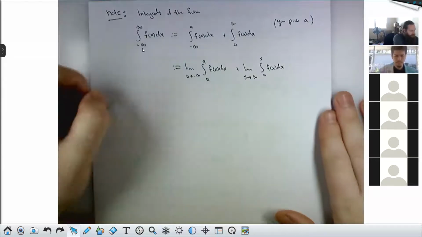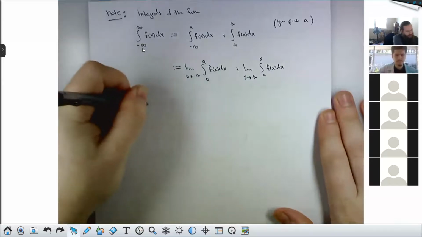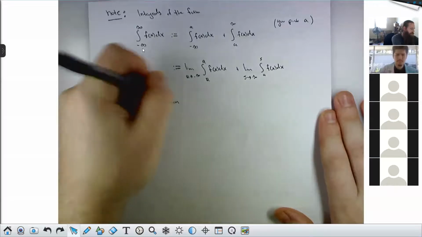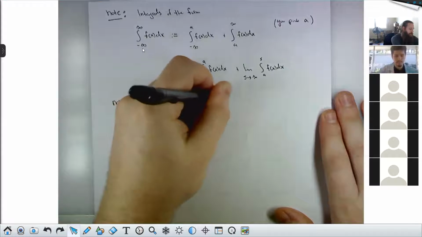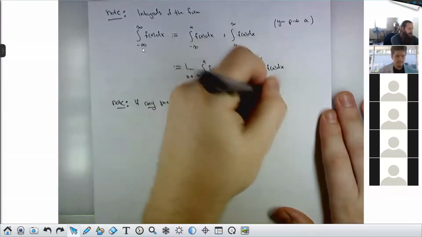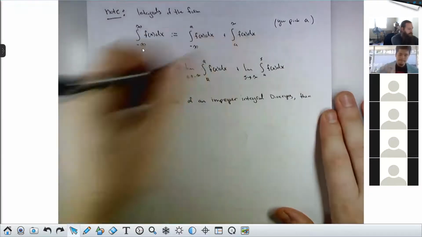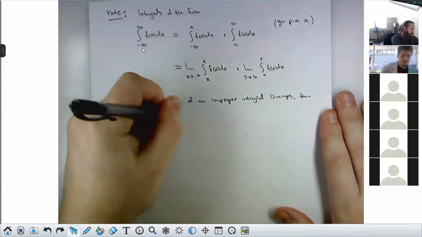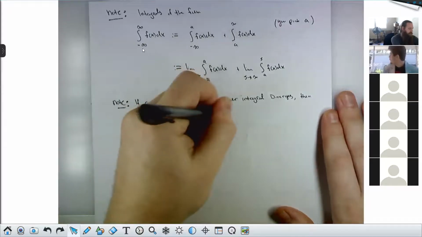And then one more little note. If any portion of an improper integral diverges, then we say the whole integral diverges.